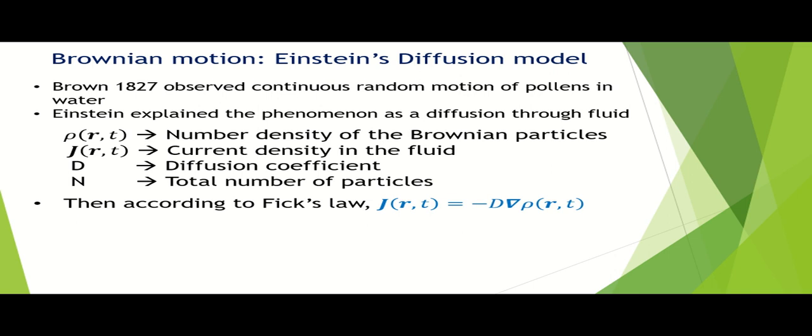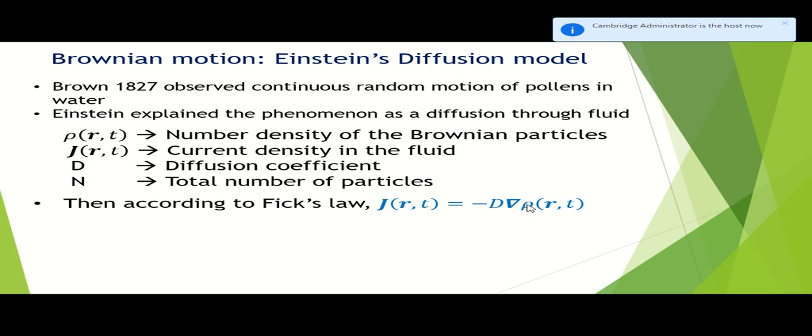It's also like when you drop ink in water: wherever there is no ink, the ink molecules try to reach those parts of the water. Similarly, J defines the number of molecules moving towards the empty part, and that depends on the concentration gradient.